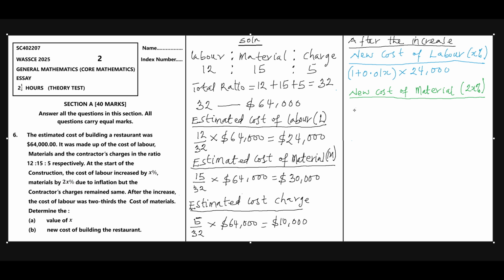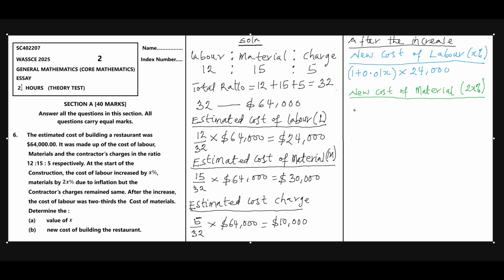So we have (100 plus 2x) divided by 100 multiplied by $30,000. As I said, I want us to always represent it using the decimal form.